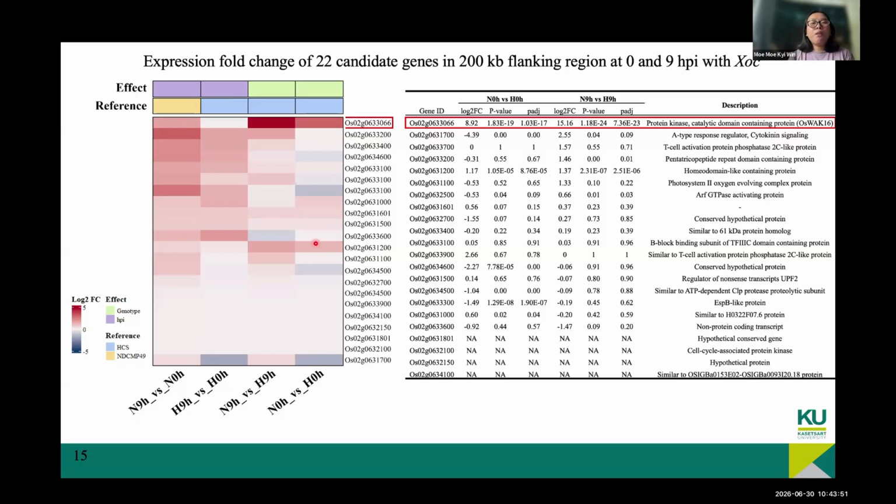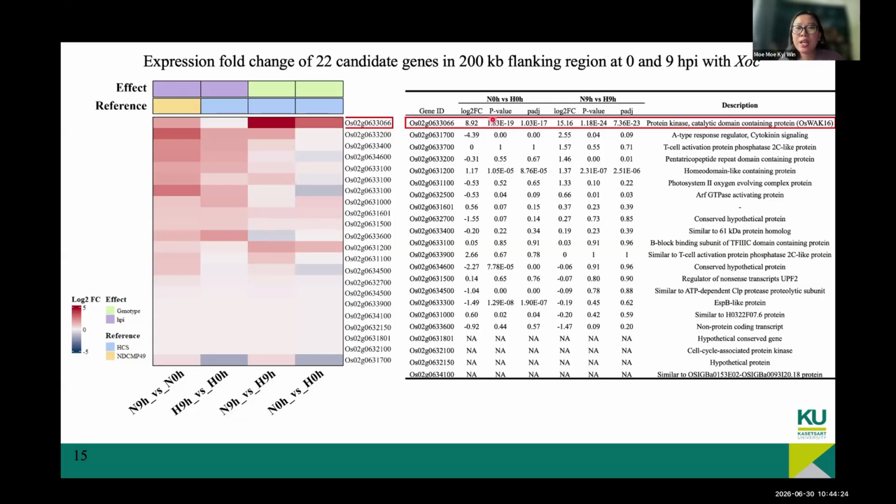From all these 22 candidate genes, OS02G063366 shows very high upregulation in the resistant parent at both time points. So what is that gene? That gene encodes a protein kinase or catalytic domain containing protein, and according to the annotation database, this gene encodes wall-associated kinase 16.